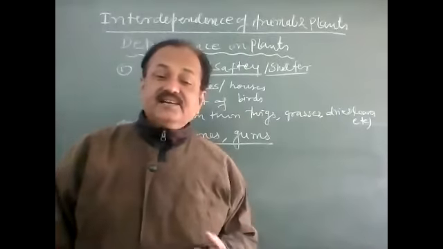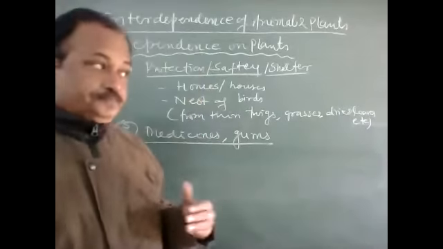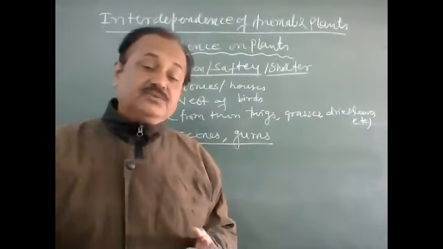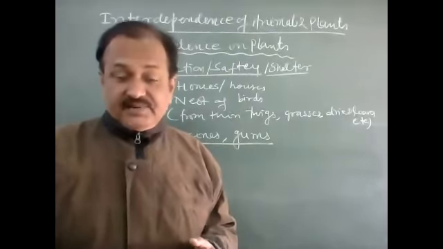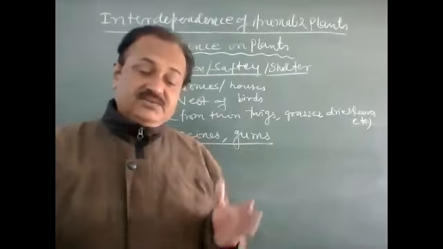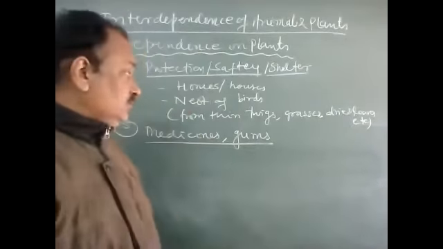Then the persons collect it. Similarly, gums from different other types of plants also have medicinal values. They are used to prepare sticking materials, and so this is one more point.